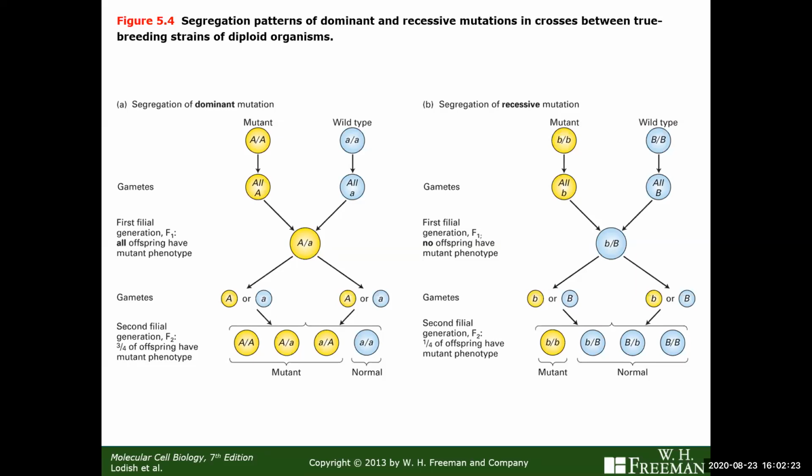If the male gamete is small a, but the female gamete is capital A, then the F2 generation, small a over capital A, will be a mutant. Because in all these cases, at least one copy of the gene is capital A and that is dominant. Therefore, the mutant phenotype will be seen through.